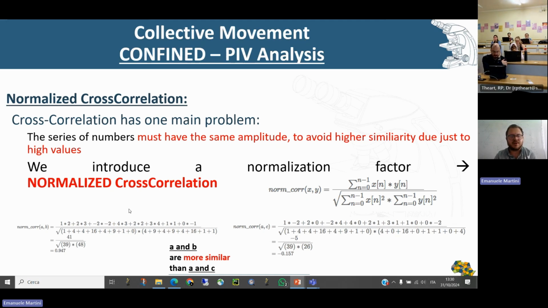The normalized correlation goes between 1 and -1, and when it's 0 there is no correlation, and when it's 1 there is a high correlation. And if you apply this normalized correlation to the signals we've seen before, to A and B, you will see that between A and B you have a 0.9, so extremely high correlation, and instead between A and C, -0.1, so very low correlation.